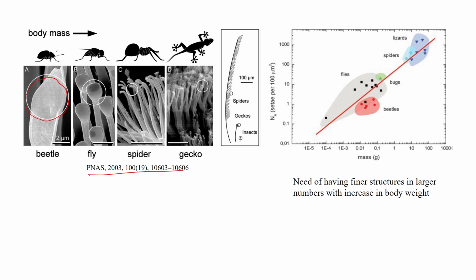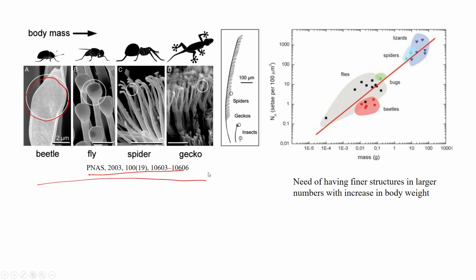Another thing that I need to tell is that we essentially consider dry adhesion here. Of course, wet adhesion is also possible in some cases, but in the cases in the picture given over here, these are mostly dry adhesion.